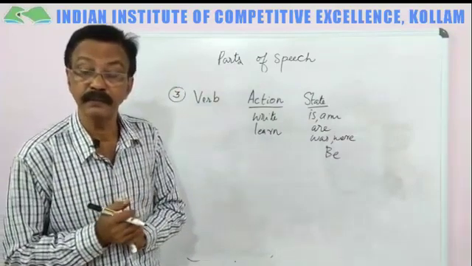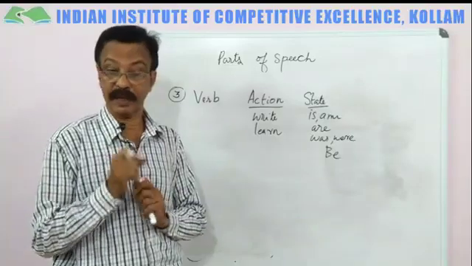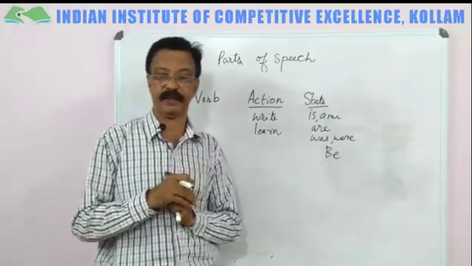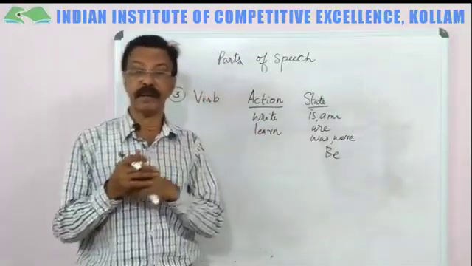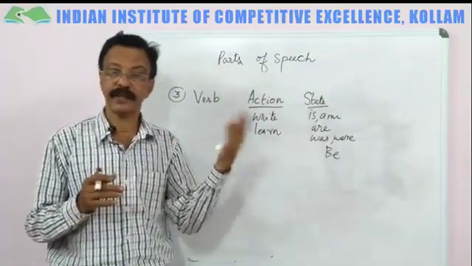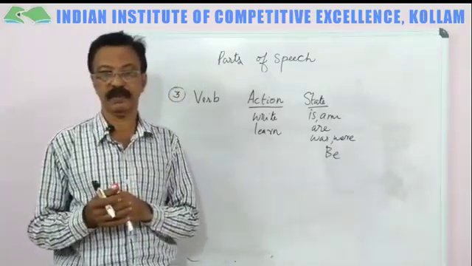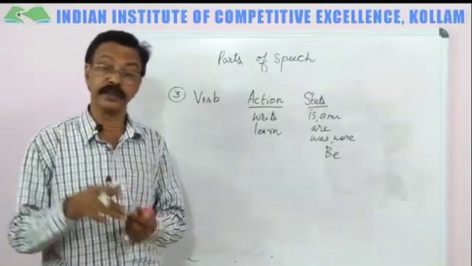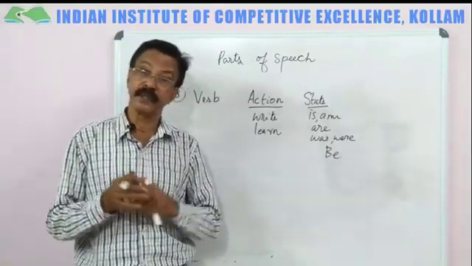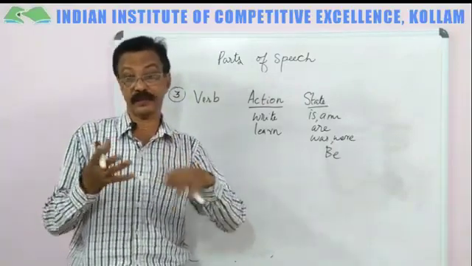Then verbs that show possession. Do you have a pen? Yes, I have a pen. Do you have a house? Yes, I have a house. Does she have a pen? Yes, she has a pen. He has. They have. And did you have a house 20 years ago?